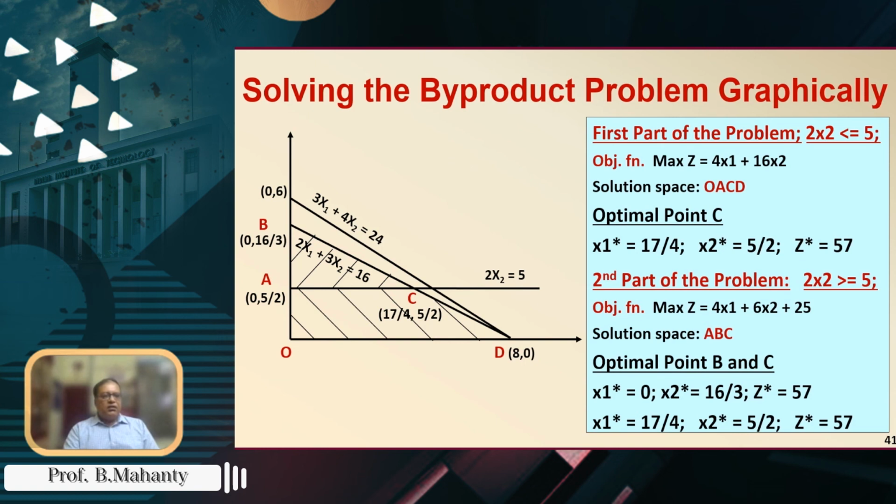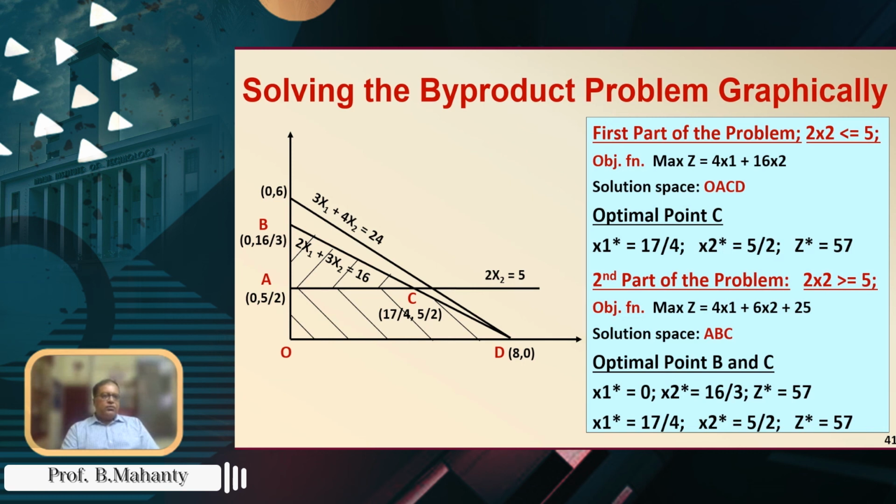This is how the two solution spaces and the graphical solutions look. Now let us take the first part of the problem, where 2x2 is less than or equal to 5. The solution space is OACD, and the optimal solution comes out to be C. That is the optimal point, 17 by 4 and 5 by 2, and z star equal to 57.